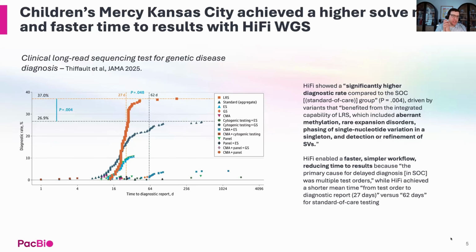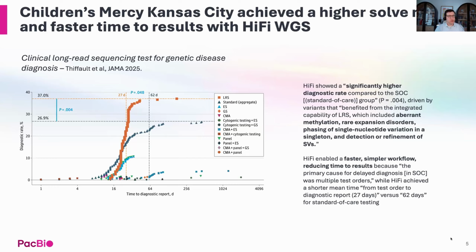One of the key applications of this sequencing technology in human genetics has been the study of rare disease. And I think a nice illustration of the power of a comprehensive genome in understanding rare disease was from this study published last year from Children's Mercy Kansas City, where they applied HiFi long-read whole genome sequencing, which is shown in orange in the plot here, and a number of standard of care methods to look at a few hundred individuals with a putative rare disease.